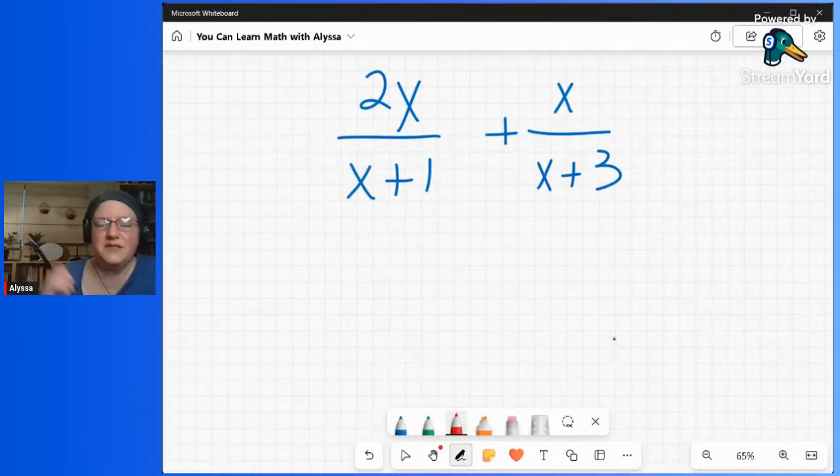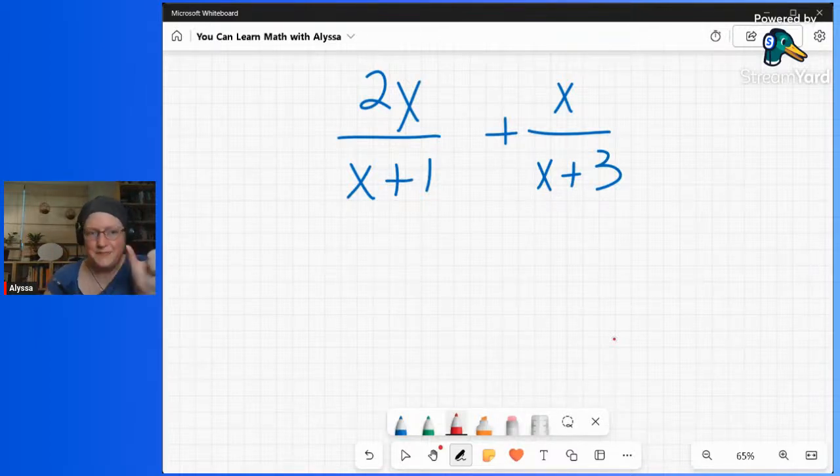Here I've got an x plus 1 on the left in the denominator. I have an x plus 3 on the right in the denominator. They both need x plus 1 and x plus 3. So you have to multiply by what's missing over itself, because when something is over itself, it's equivalent to 1. So we can multiply it by 1, doesn't change anything.